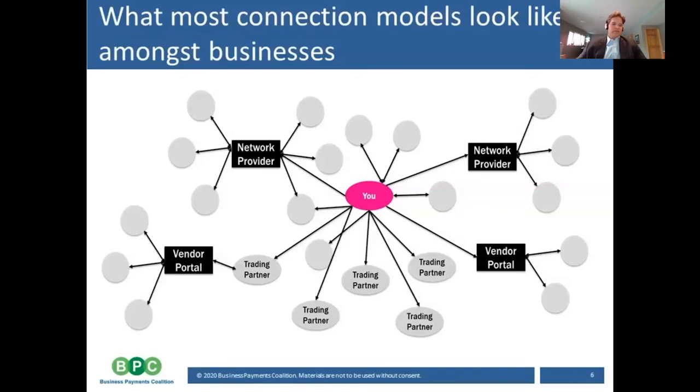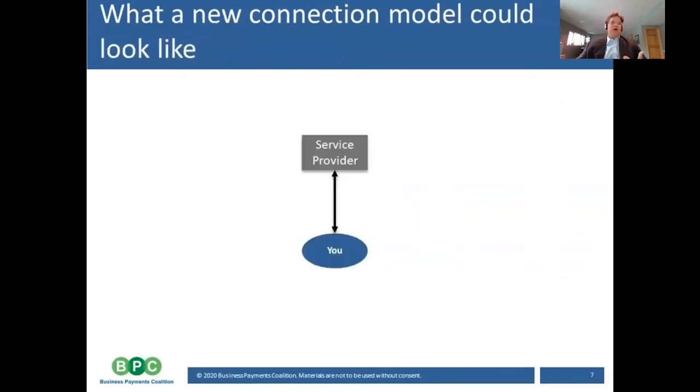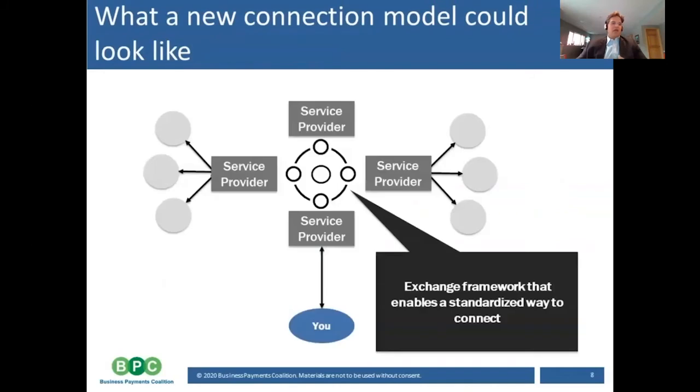So what would this new connection model look like? We would start simply where a business would connect to a service provider and have that one connection. And then service providers would connect with each other. By connecting with each other, the service providers create this exchange framework.